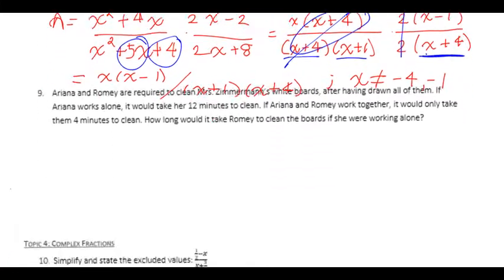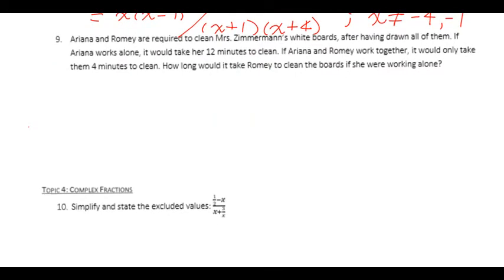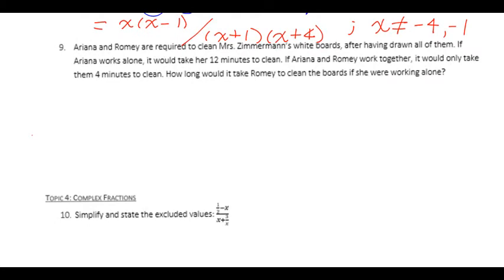Our next problem is a work problem, which is really just a word problem involving rational equations. We're talking about how long it takes two people separately to clean one of the whiteboards in my room. Ariana has a certain rate that she works by, and Romy has another rate, and we want to know their combined rate if they work together.